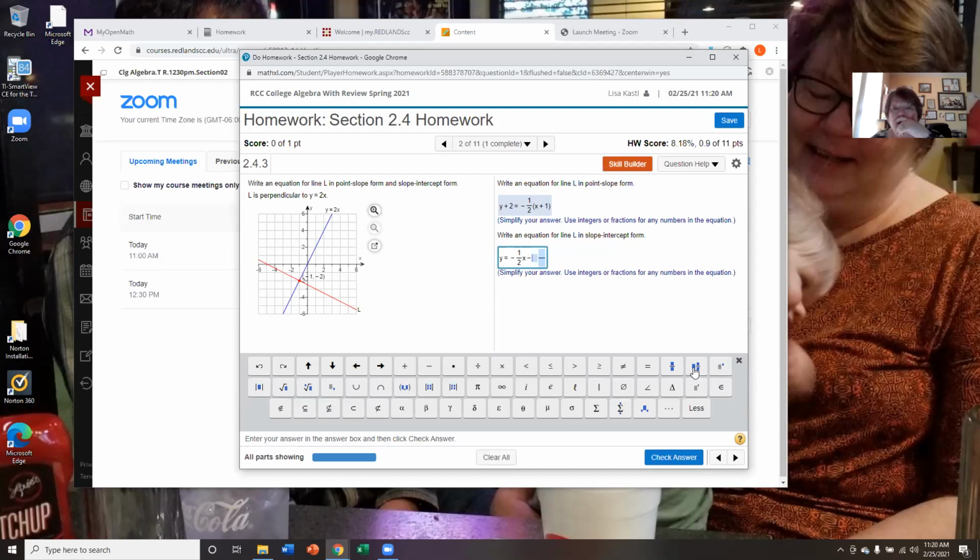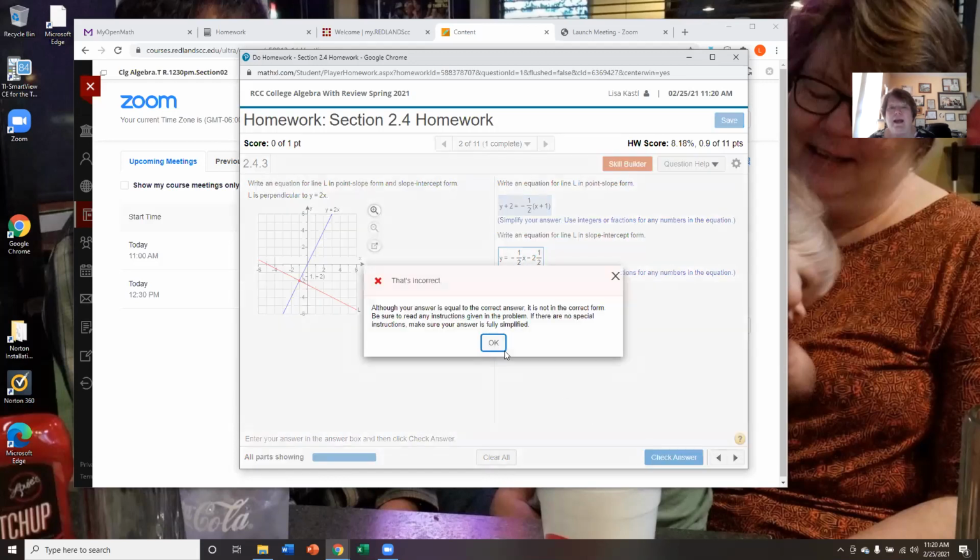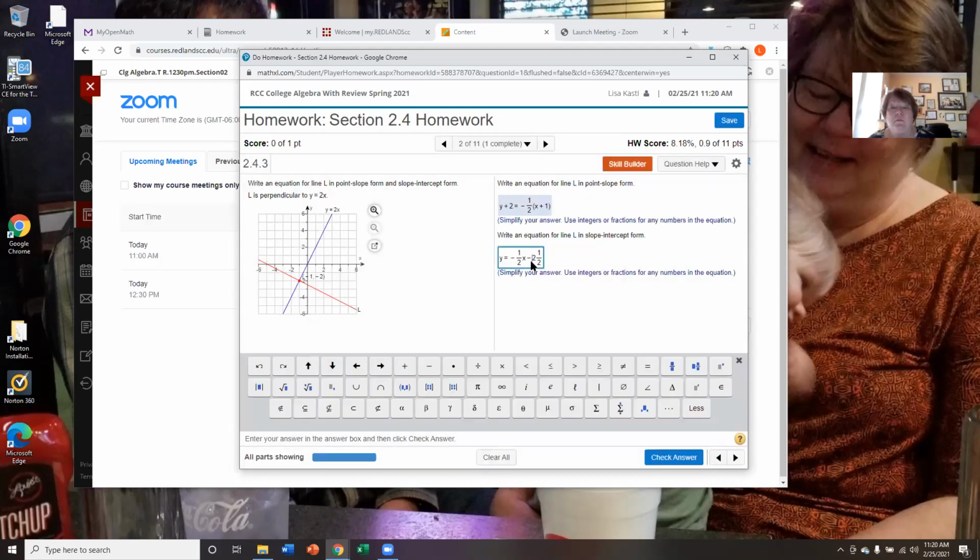Do you think it'll let me write that? Was that 2.5? You see my mixed number right next to my fraction. You think it'll accept that? Nah, I didn't like it. Oh, well, I tried.